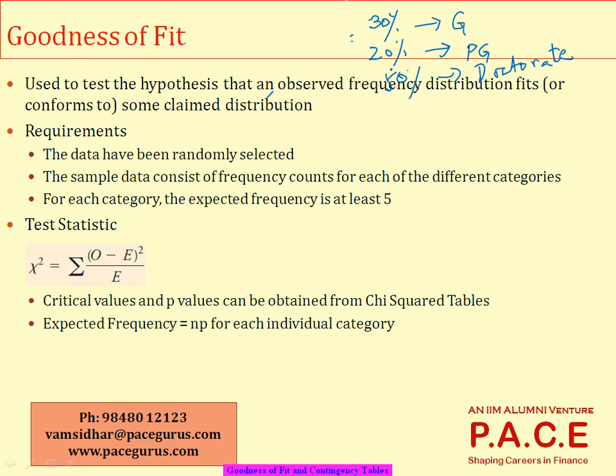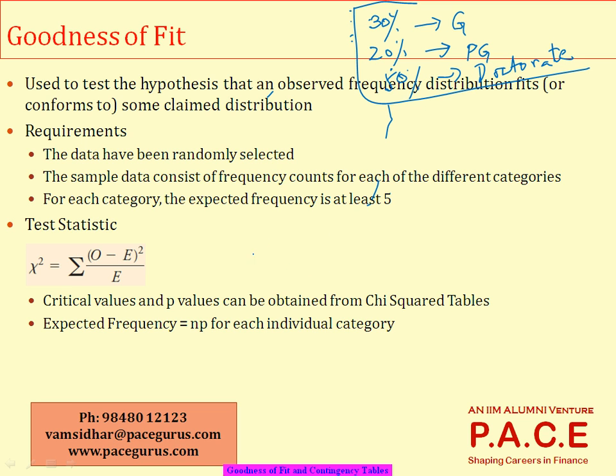Now, I want to prove statistically whether this claim is correct or not, whether this claim can be made or not. So, what am I doing? I'll take a sample of people in a company and gather their qualification, whether they are graduates, postgraduates or doctorates.